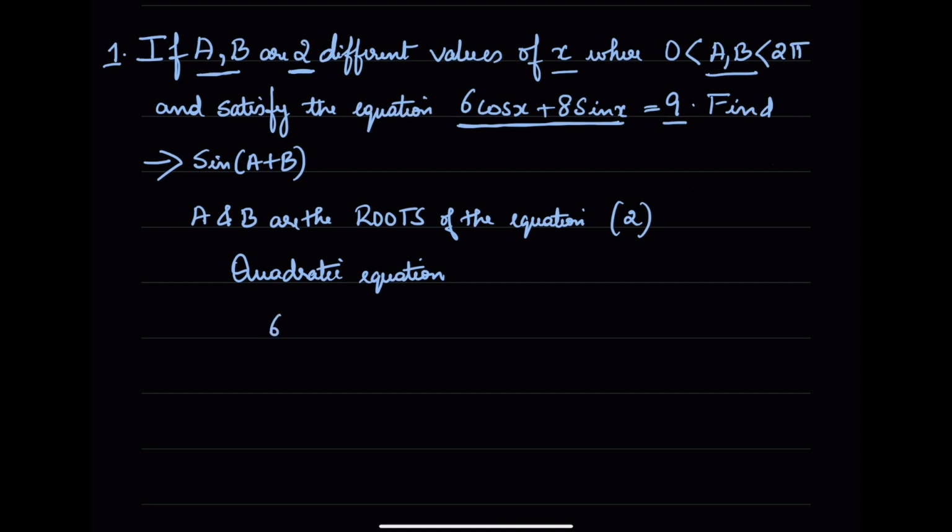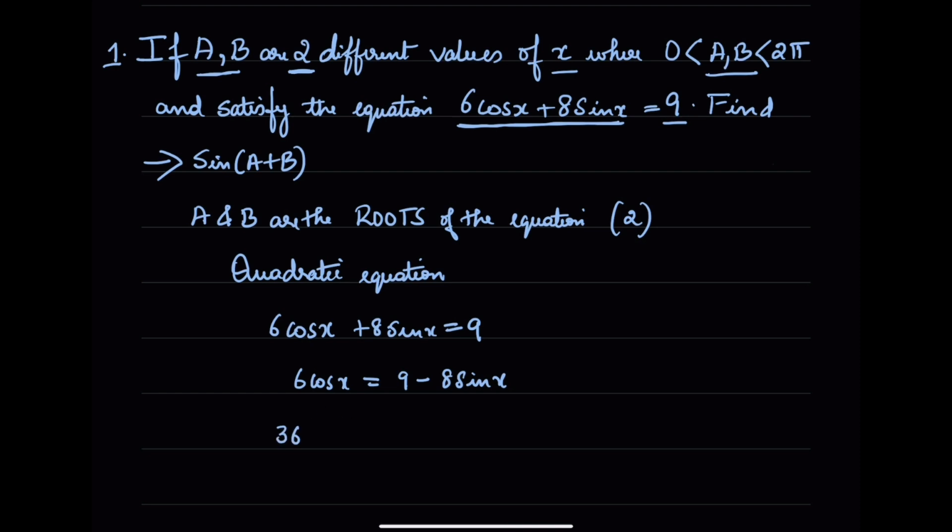We have 6 cos x plus 8 sin x is equal to 9. Let's move 8 sin x to the other side. So we have 6 cos x is equal to 9 minus 8 sin x. Let's square both the sides.